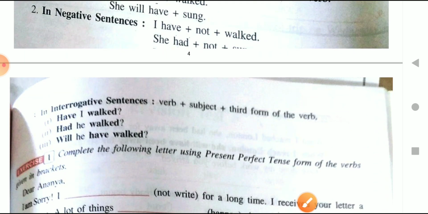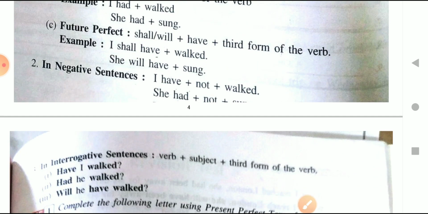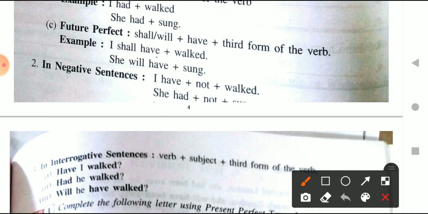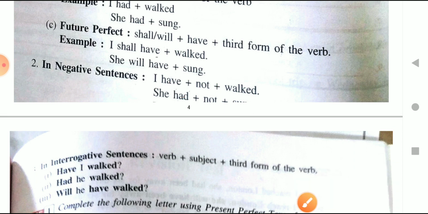Now in the negative sense, how can we write this? We will simply use I have not walked, she had not walked, and shall or will have not also. Okay, this is for present, this is for past, and for future we will be using shall, will, have plus not.